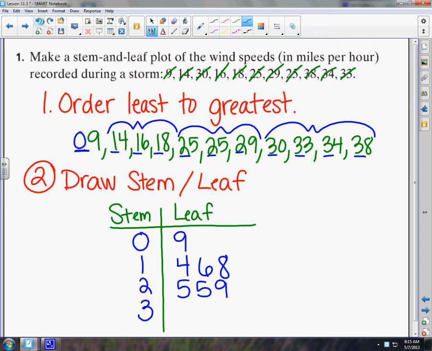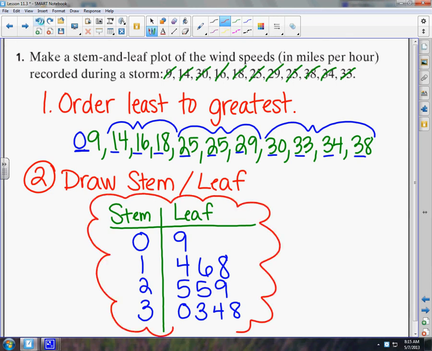And their leaves are 0, 3, 4, and 8. So that is a stem and leaf. That's all you have to do to make a stem and leaf plot. This is what it should look like on the test or quiz.